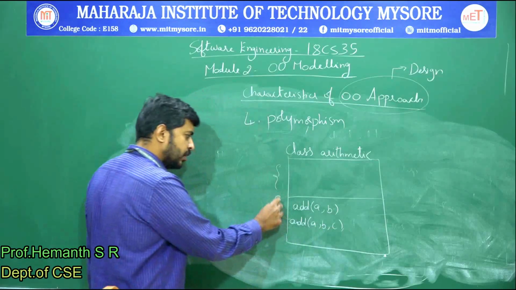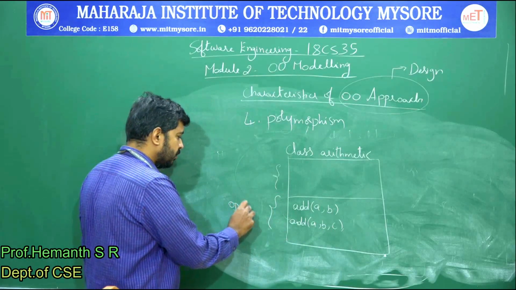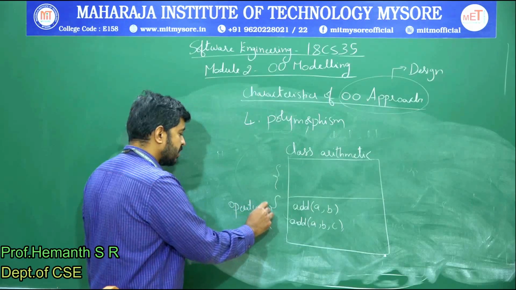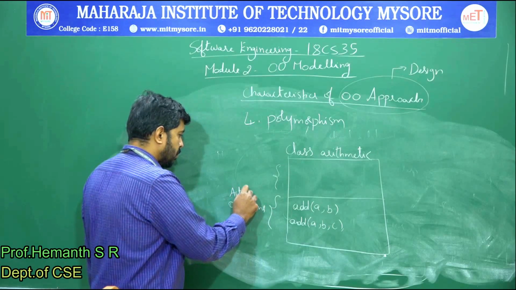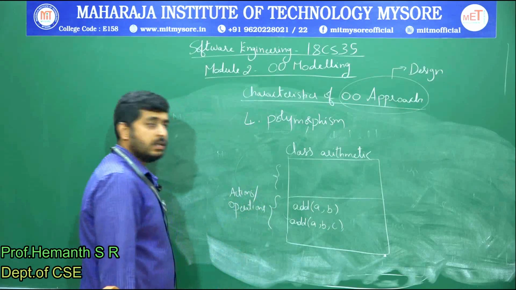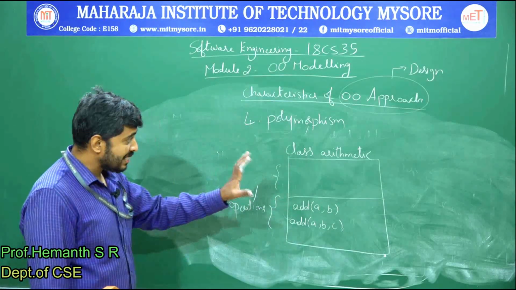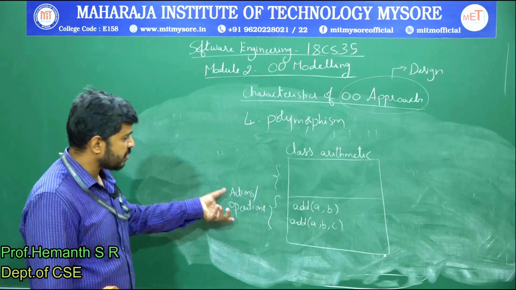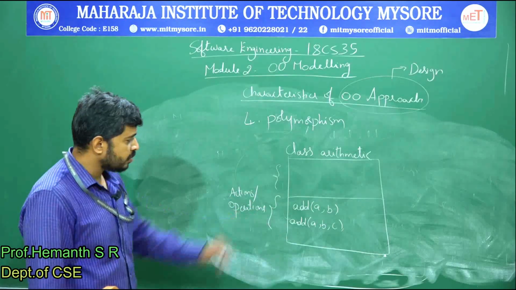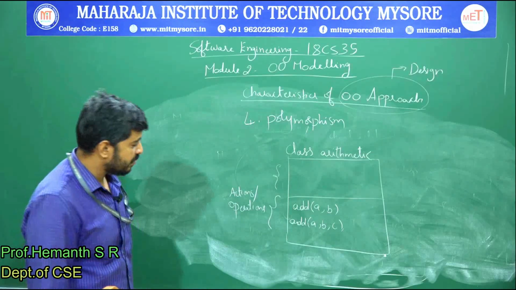We are focusing on the operations part, actions part, of this class. So we have a class by name class arithmetic. In this class arithmetic, we have few actions or operations. So what is your observation here? What should be your observation?